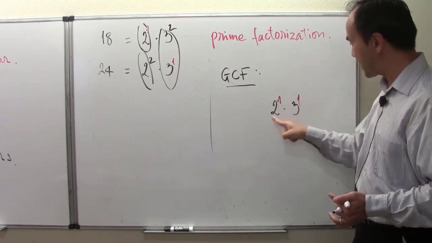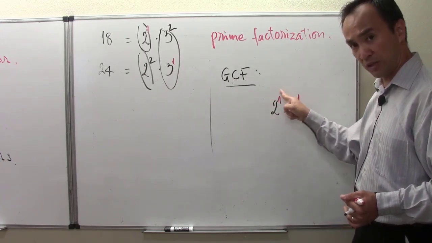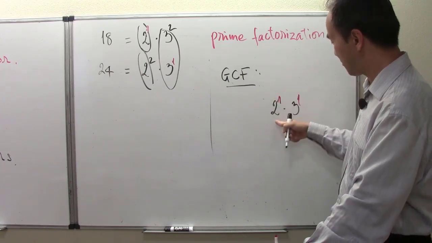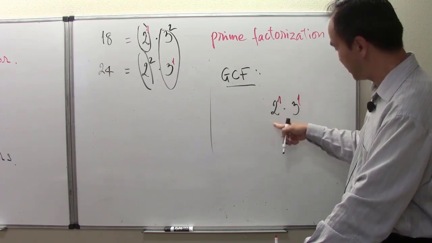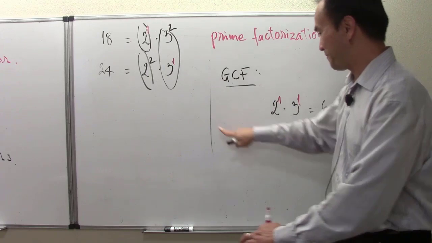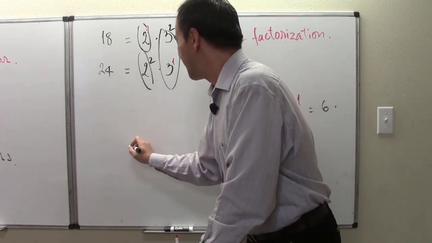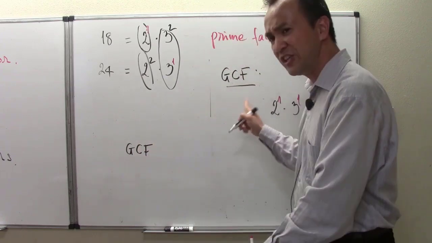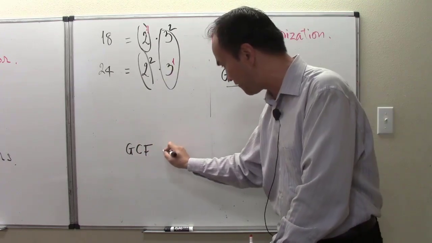Multiplying out these 2 prime factors with their corresponding powers that we chose, 2 to the first power is a 2, 3 to the first power is a 3, 2 times 3 equals 6. And so now, ladies and gentlemen, the final GCF, something we're looking for, is a final number.